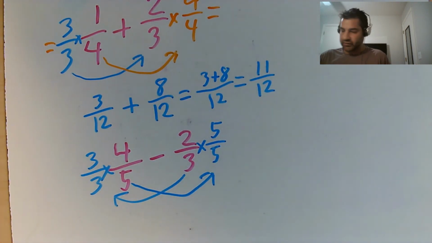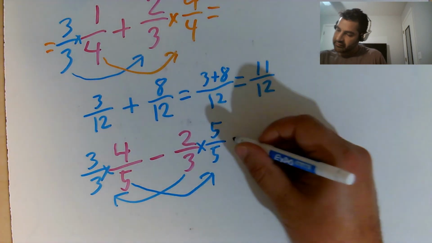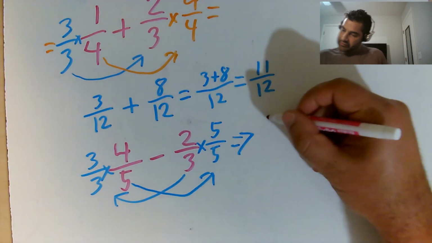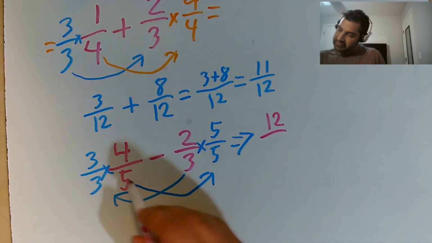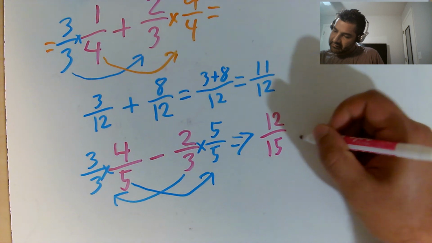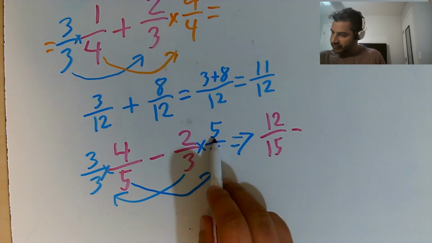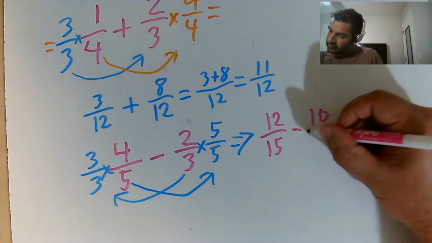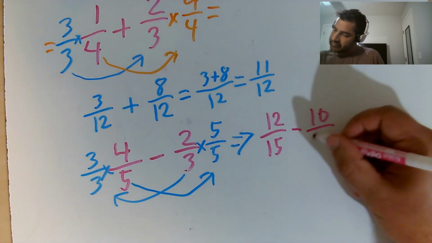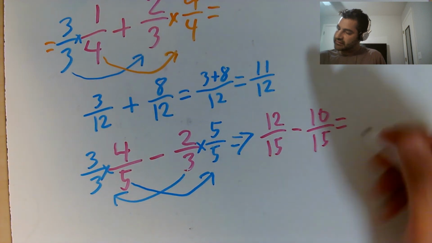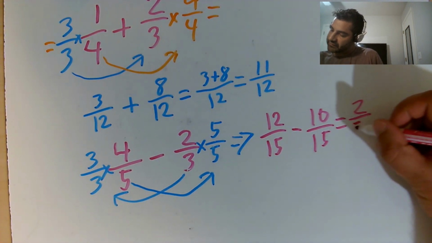And so we get 3 times 4 is 12, over 3 times 5 is 15, and then we're subtracting 2 times 5 is 10, and 3 times 5 is 15. And now we have 15ths on both sides, so we get 2/15.